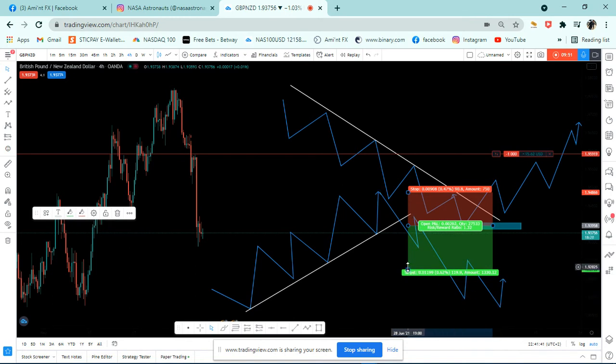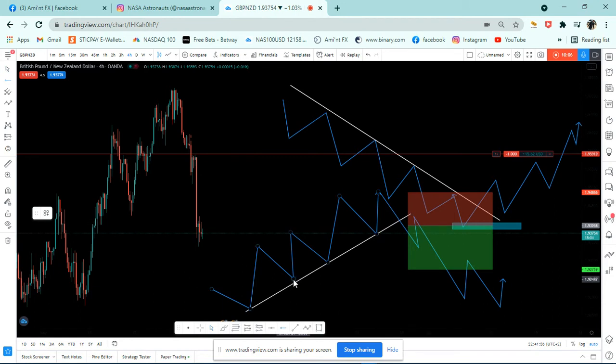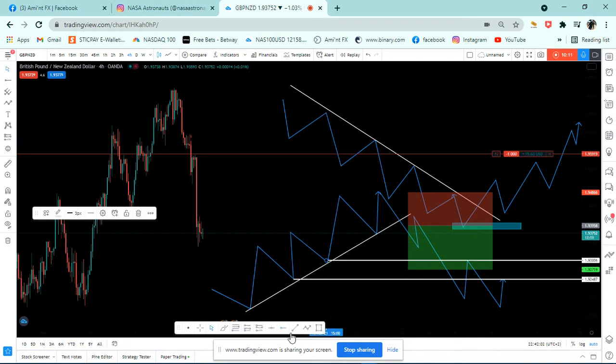And then for your take profit, what will determine your take profit is the previous market levels. So before you even start trading, you need to make sure that you identify the key levels in the market, because that's where the market is most likely to retest, even changing direction.